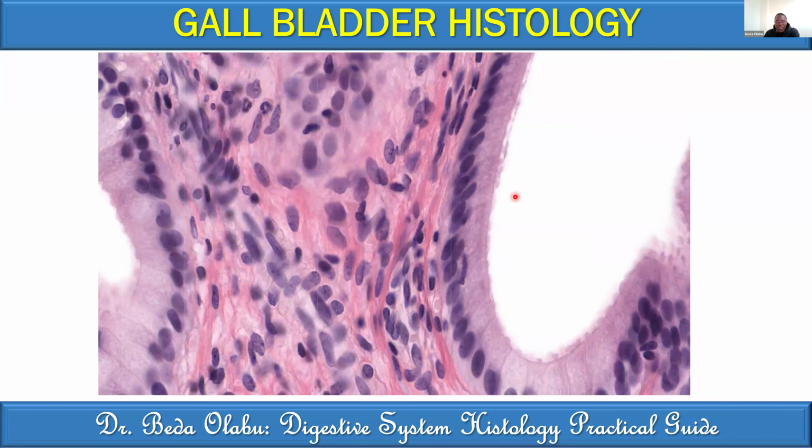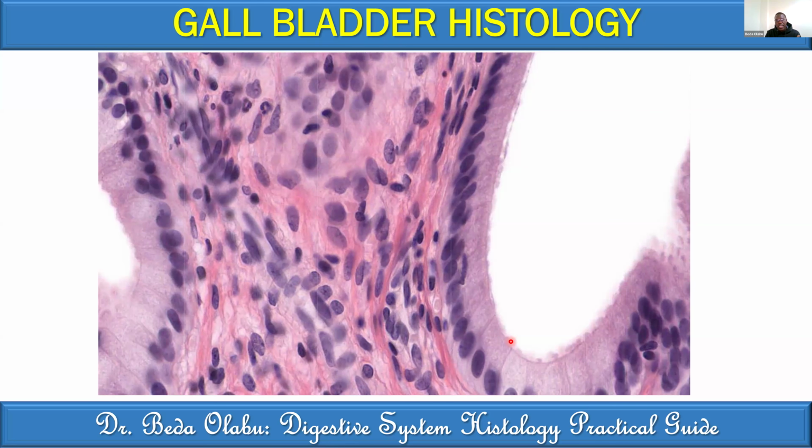At a very high magnification, we confirm one last thing. The epithelium has a brush border, which means that it has microvilli that promote absorption. So remember, this is an adaptation for concentration of bile.